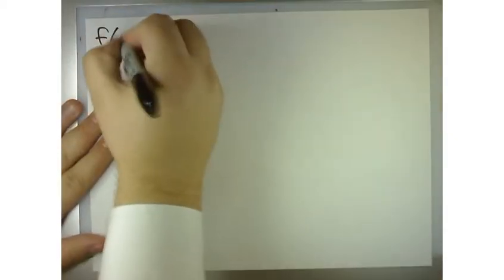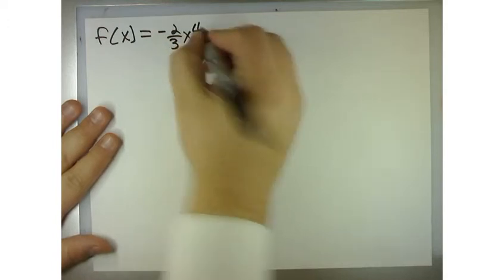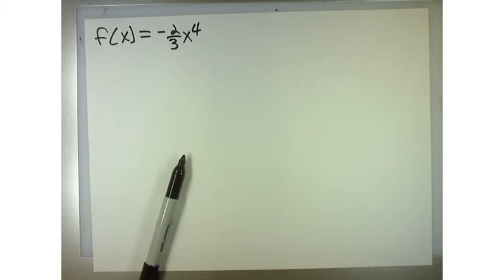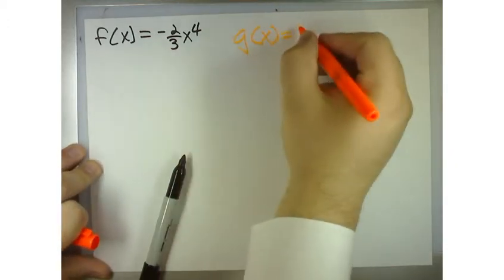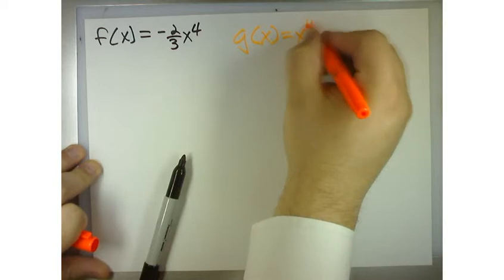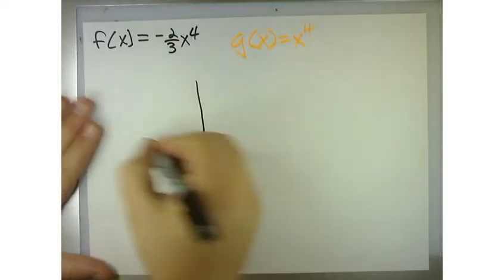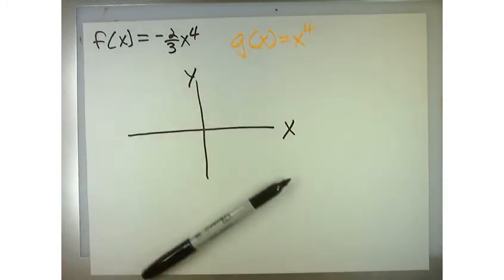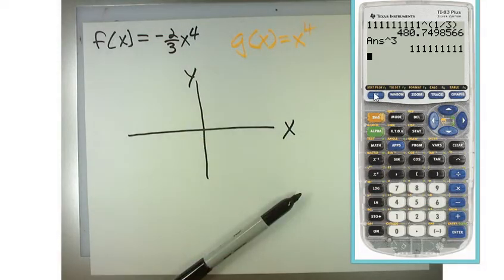So we're given f of x is equal to negative 2/3 x to the 4th. And so the first thing that I probably should do is think about g of x is equal to x to the 4th. So when I go to graph this, this will kind of look like a parabola, except it'll stretch out a little bit. So let's graph it in our calculator, just for the fun, to see if there's a difference.